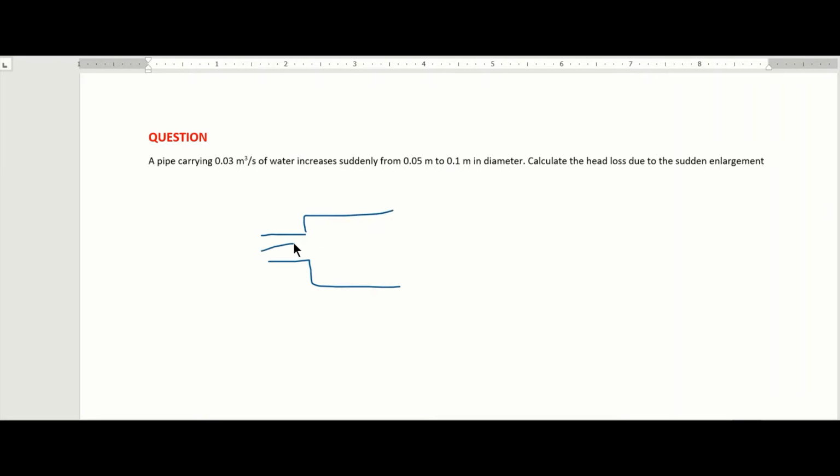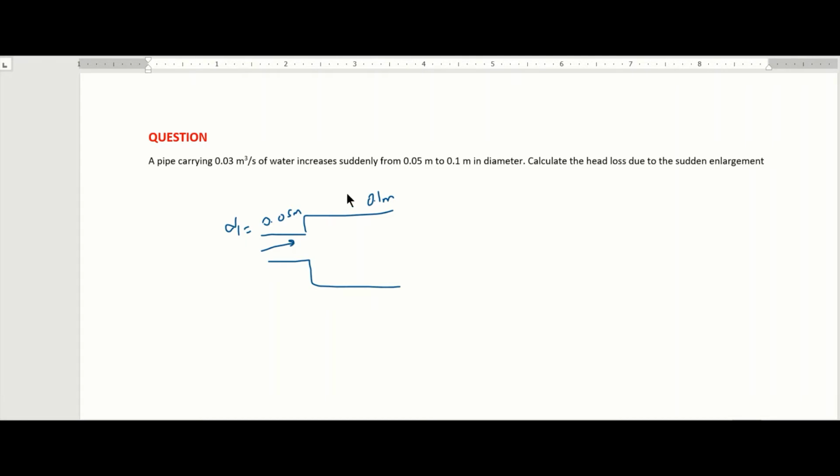So here is my diameter of the smaller pipe stream. I call this 0.05 meters. Then this is the diameter of the larger pipe stream. Call this 0.1 meters. So we can call this our D1.